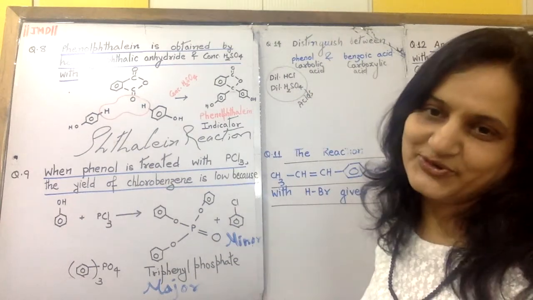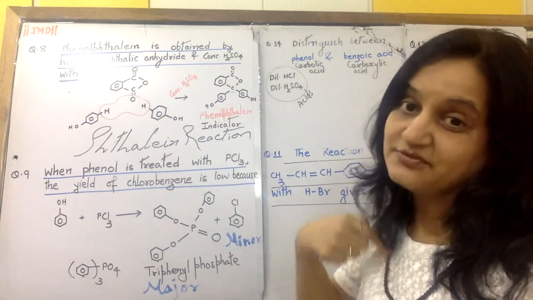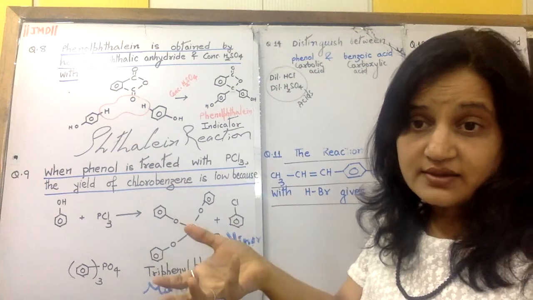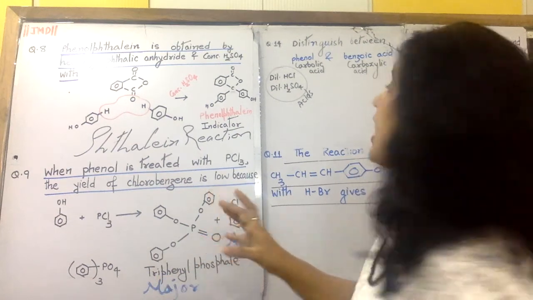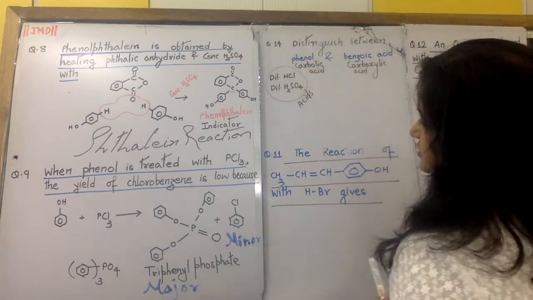Correct? So, common sense. How can you distinguish one acid from another acid? Will it react differently? No, not at all. So acids cannot be used to distinguish between them.